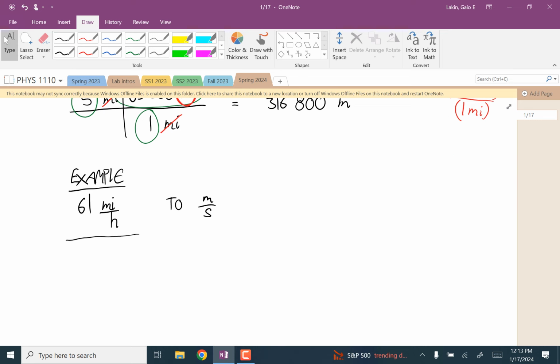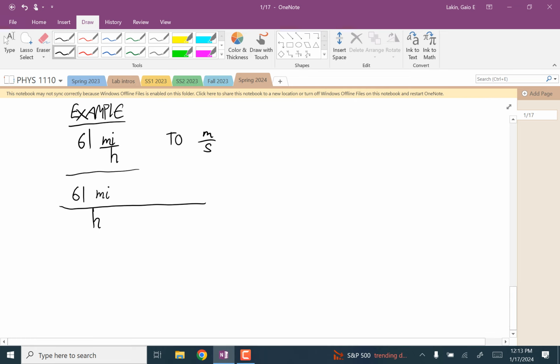Okay, so with this one, I'm going to start out by putting everything on a single fraction bar to figure out what's in the numerator and what's in the denominator. So 61 miles divided by hours. That's what we're starting with. And I'm going to need some conversions.